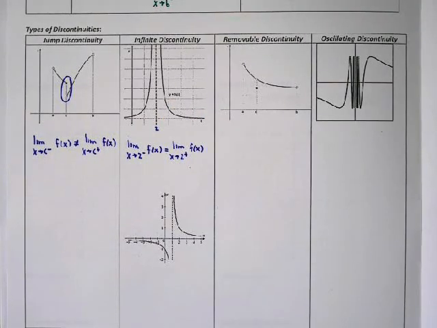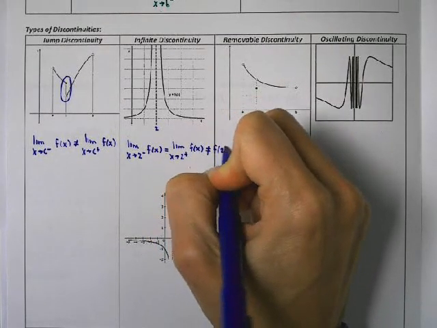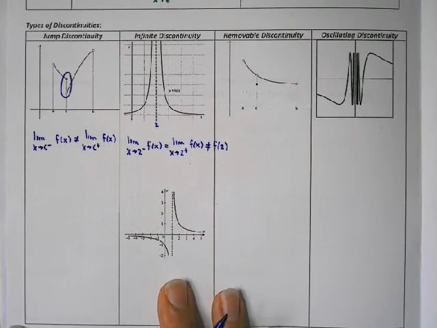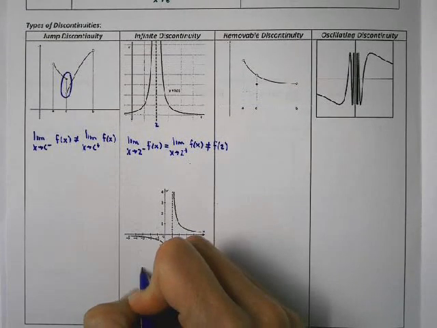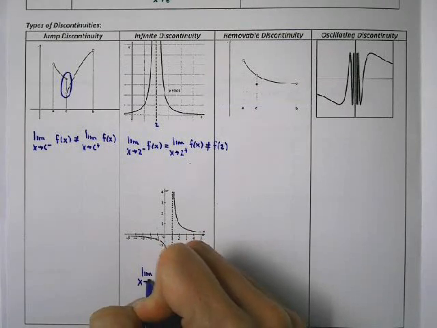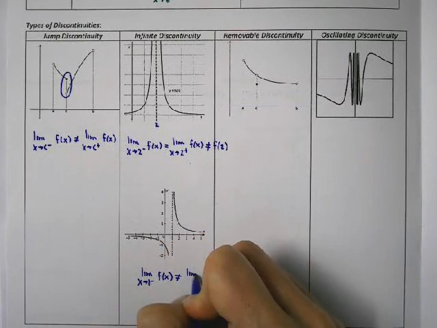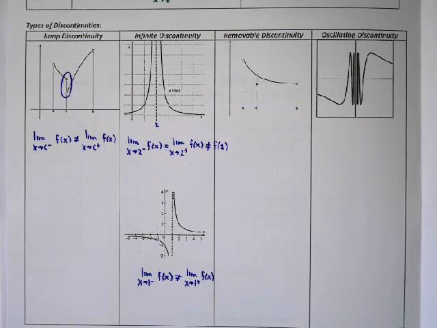However, because we have that vertical asymptote, the value at 2 is undefined, so we know that's not equal to f of 2, and we fail the test for continuity. Now, the other situation that can occur when we have a vertical asymptote is that here, the two-sided limit doesn't even exist. Here I know that the limit as x approaches 1 from the left is not equal to the limit as x approaches 1 from the right. So again, we fail on continuity.